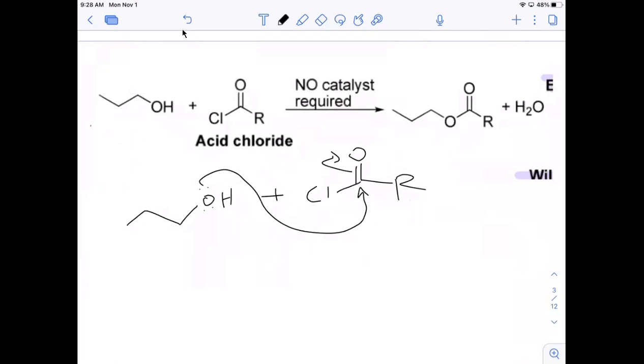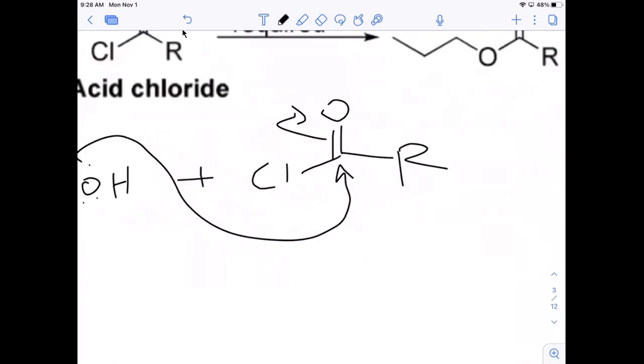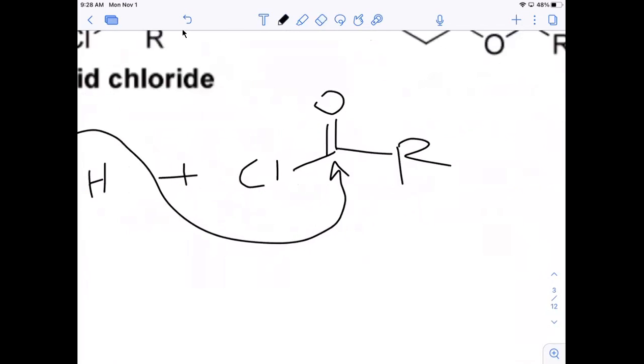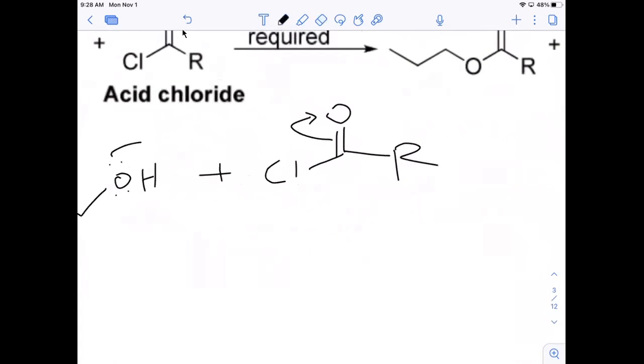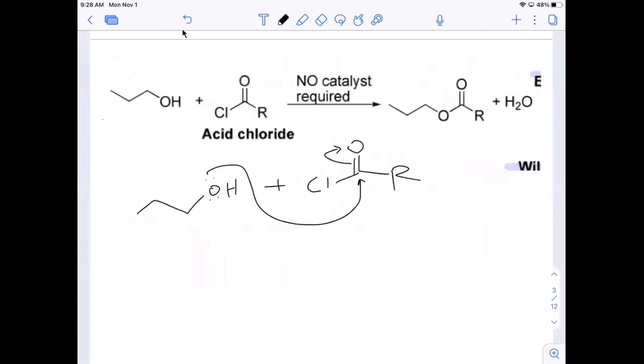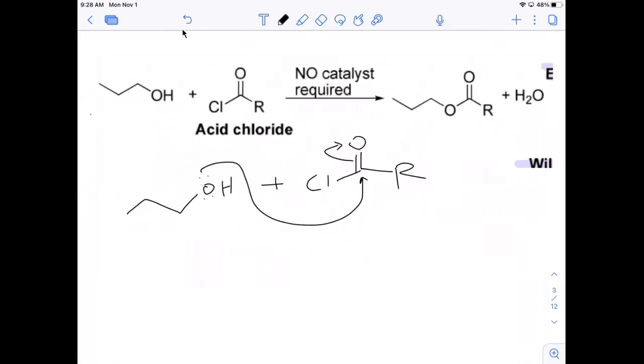It doesn't matter what you add to that carbonyl. When you do the addition step, it's going to be the same. You attack the carbonyl carbon and you break the C=O pi bond, like so.